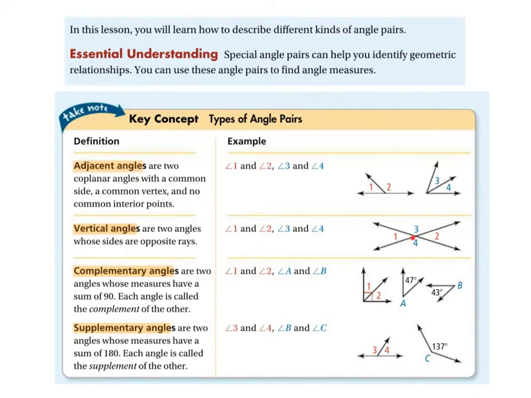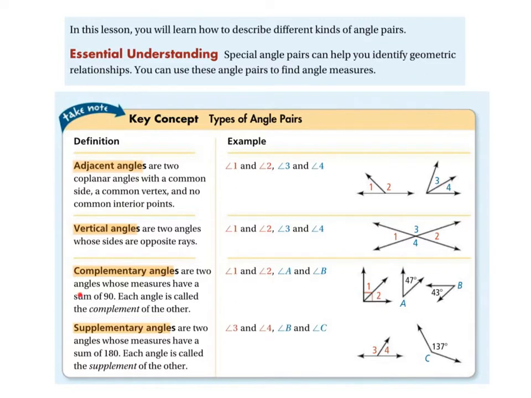Okay? Here, this other side of angle 1 and this other side of angle 2 are opposite rays, because essentially it's just two lines crossing. And that point where they cross is the vertex point of the angles. Angle 1 and angle 2 are vertical angles, and so are angles 3 and 4. And you'll find out a special relationship with vertical angles in a second.